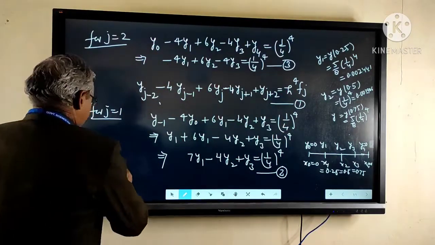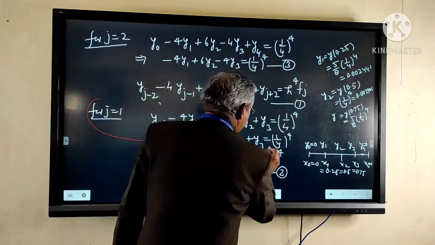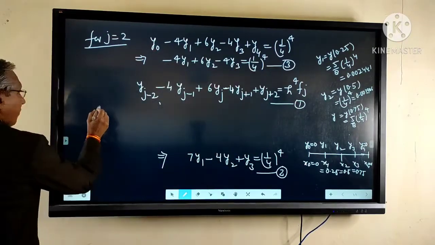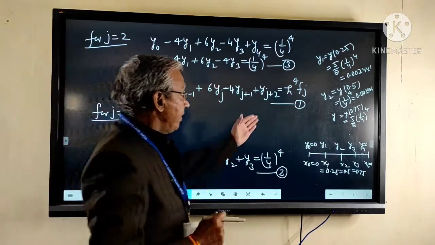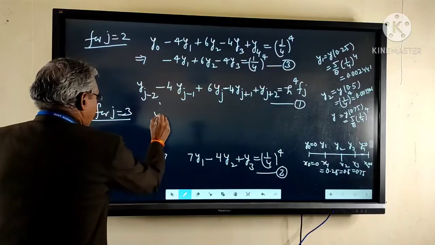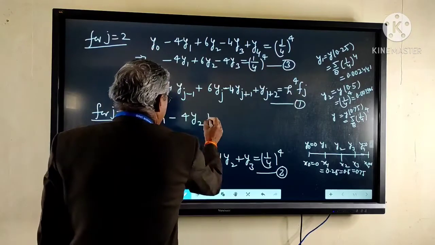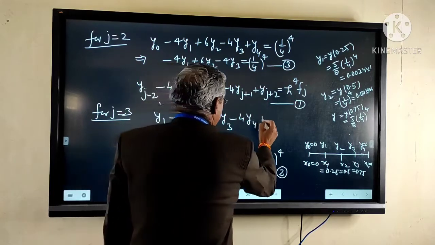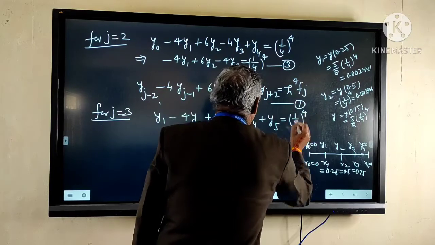Now for j equal to 3, from equation 1 we have y1 minus 4 y2 plus 6 y3 minus 4 y4 plus y5 equals 1 upon 4 to the power 4.